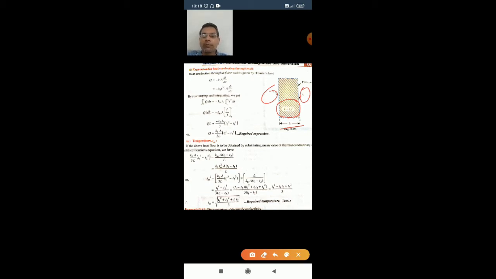Now putting this variation of thermal conductivity in Fourier's equation. Fourier's equation is Q is equal to minus K dT over dx into area. You must now know that this is one of the fundamental equations in heat transfer.